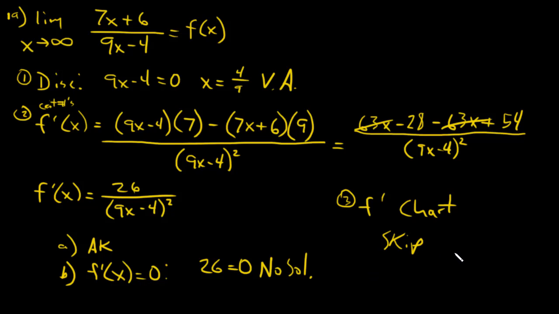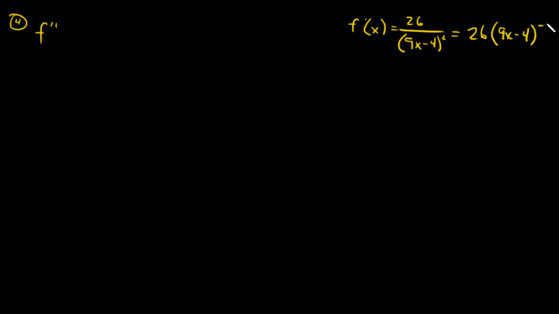Alrighty, so now we go to step 4, and we're going to clear the screen. So for step 4, we want f double prime. Well, f prime of x is equal to 26 over the 9x minus 4 quantity squared. Okay, now I can do a rewrite on this and make this 26 times 9x minus 4 to the negative second power.